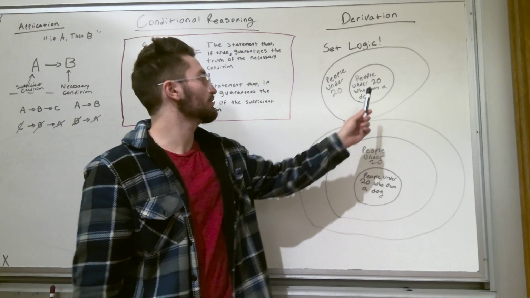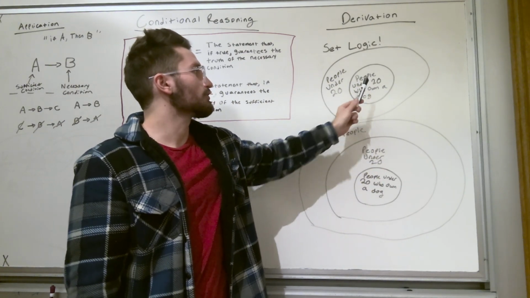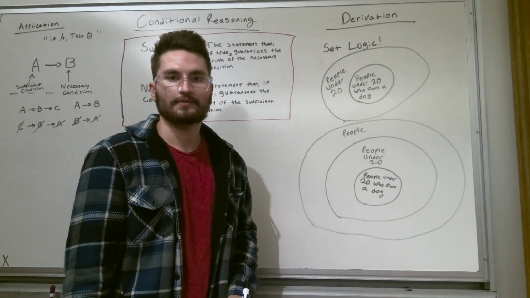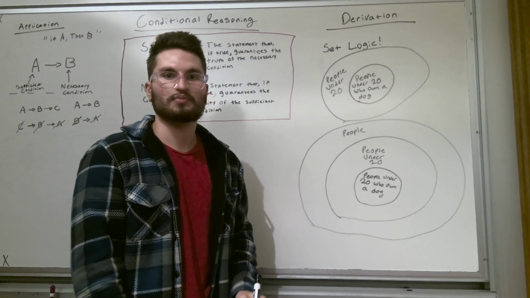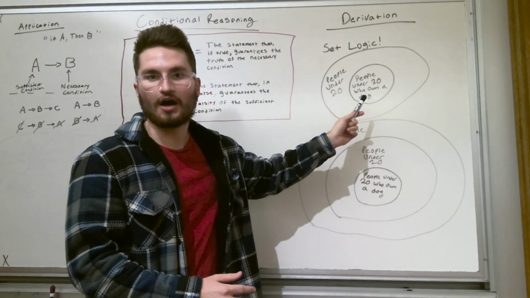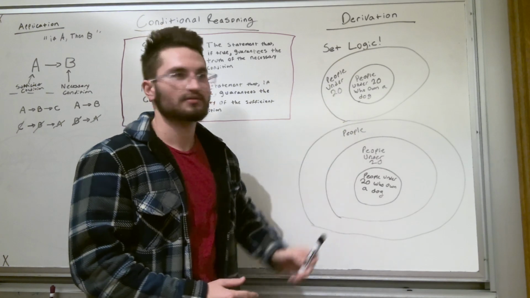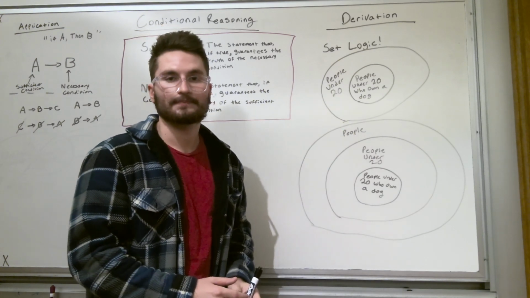So in this example, our subset is people under 20 who own a dog. That's the subset because we know that every person who's under 20 and owns a dog is also a member of the superset of just all the people under 20.